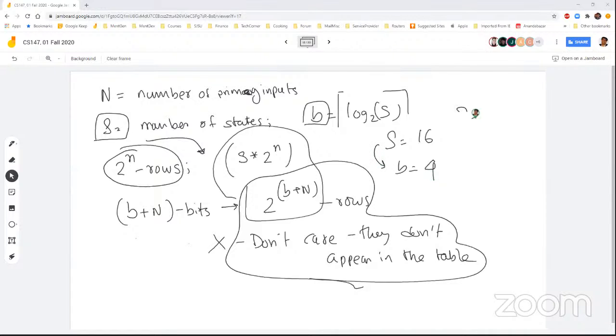But if S equals 10, then your B is still 4, but you have 6 don't care states. So you need to subtract it out: 2 to the power B plus N minus the number of don't care states. The number of don't care states would be 6 in this case. So that will equal your S times 2 to the power N at that point.